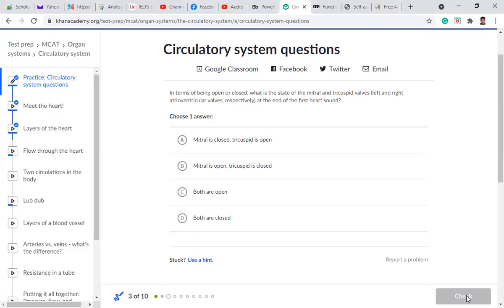So to prevent that, the valves will have to close. Okay, so let's guess an answer. The answer you guessed before was what? When mitral is closed, while tricuspid is open. You want to stick with it or you want to try another answer? Both are closed. You said both are closed. Okay, let's check.